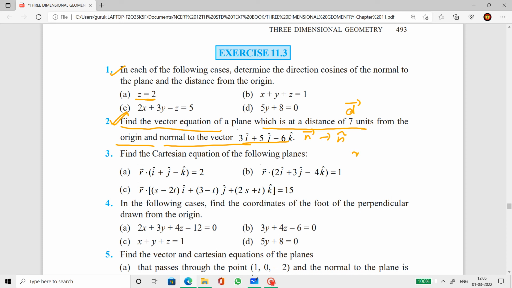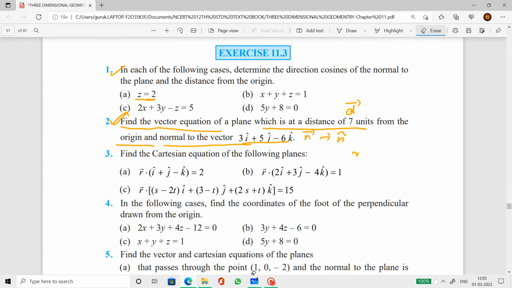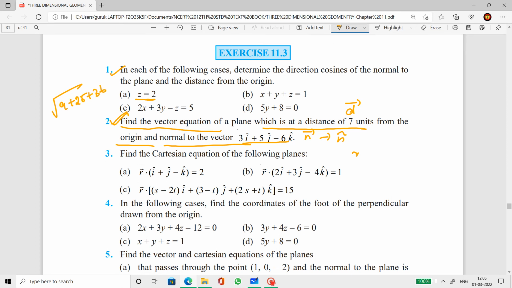Let me write it again: 9 plus 25 plus 36. So this will give us the magnitude of that vector, isn't it?